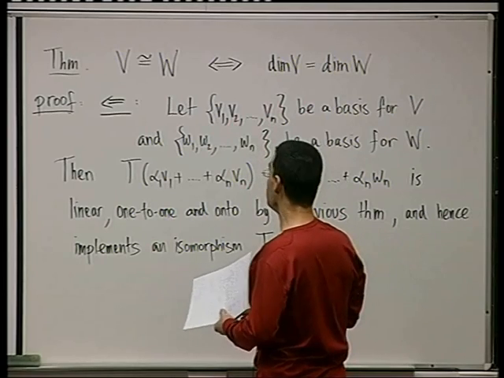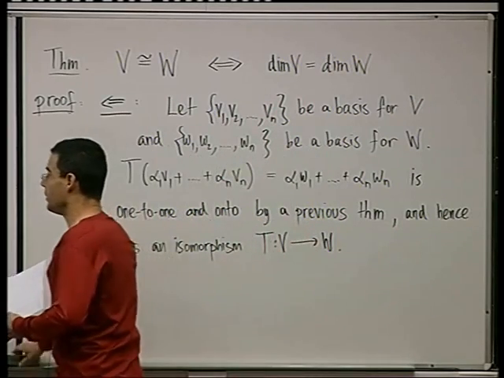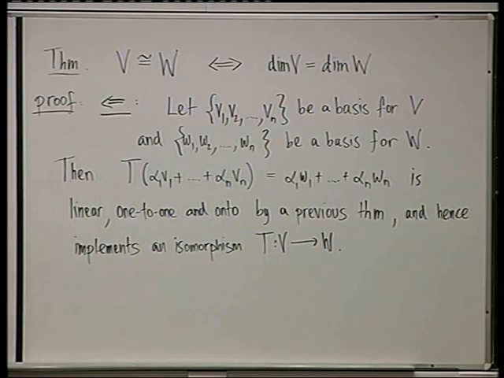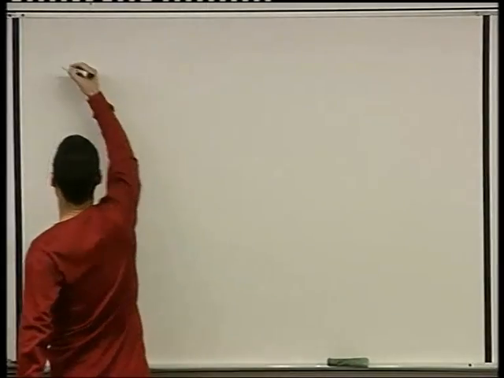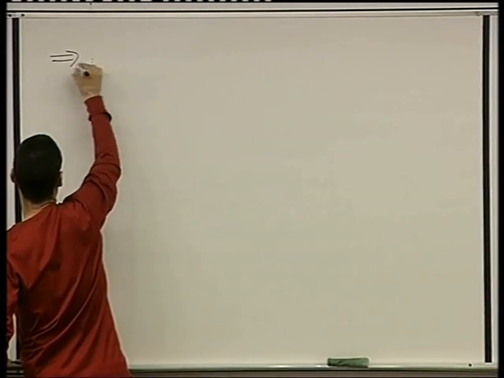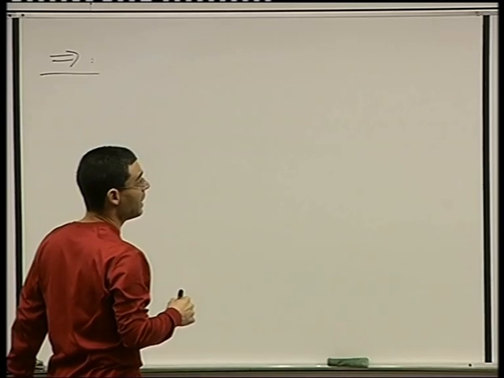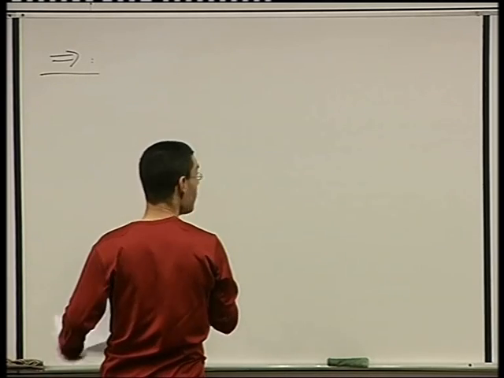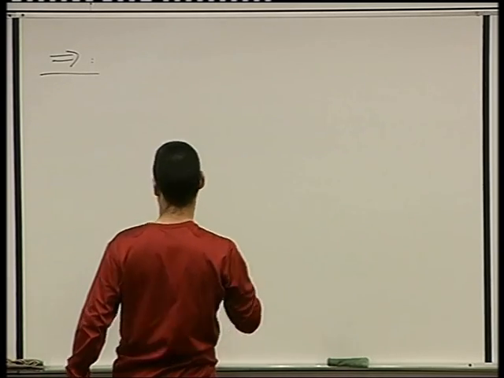We're going to need a new board for that. So maybe let's erase this remark. So this direction, continuing the proof. Now we're assuming that they're isomorphic and we want to show that they have the same dimension.